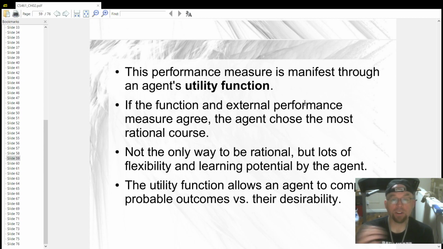And if that utility function, the score that it provides, and some external performance measure agree, then you can say that an agent was rational. It chose the most rational course, right? So if every time the agent chooses a state that's closer to Maine, we say +1, okay? And every time it chooses a state that's further away from Maine, we say -1. Every time it moves further away from Maine, there's a deduction in the utility value.